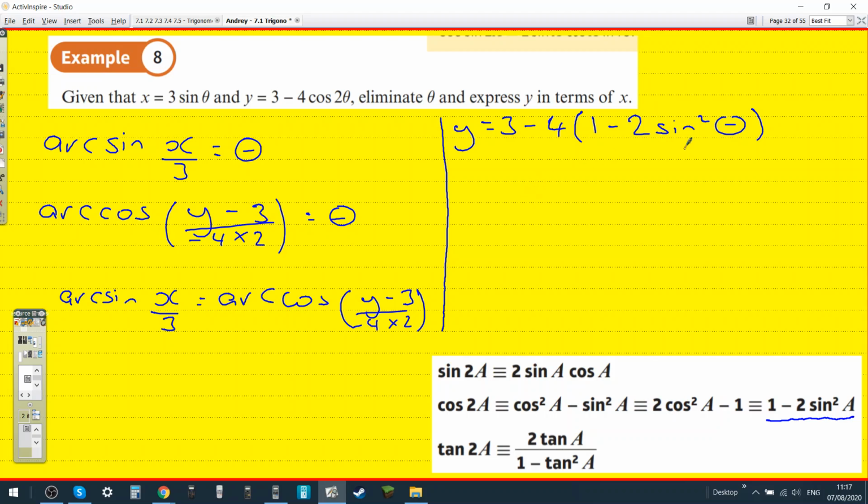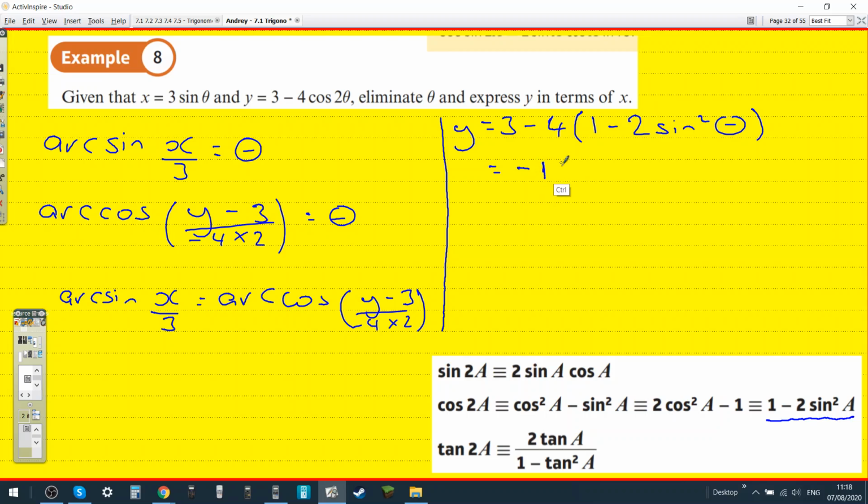Make sine squared theta the subject. So y is equal to minus 1 plus 2 sine squared theta, plus what 2 is... Is it not 8 sine squared theta?